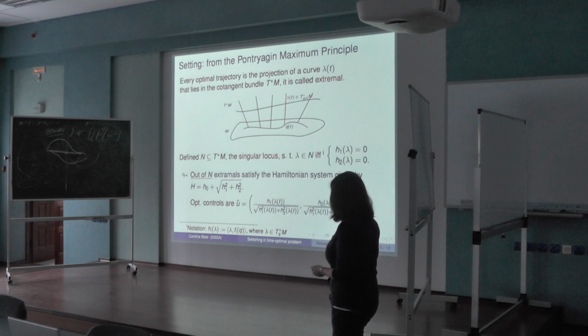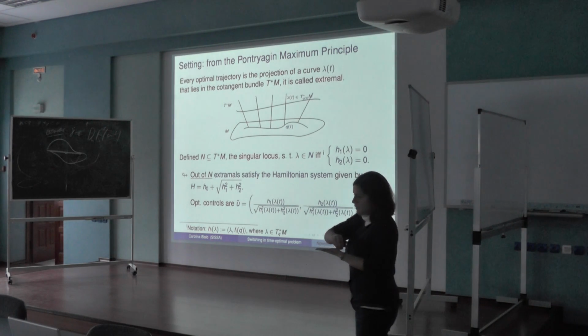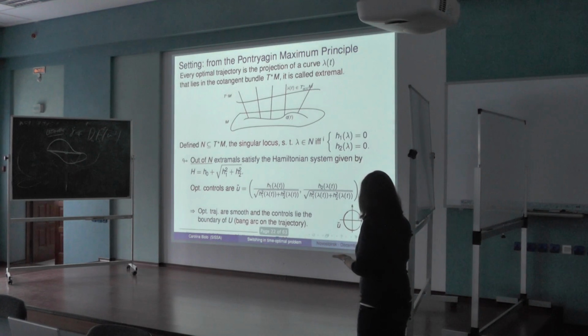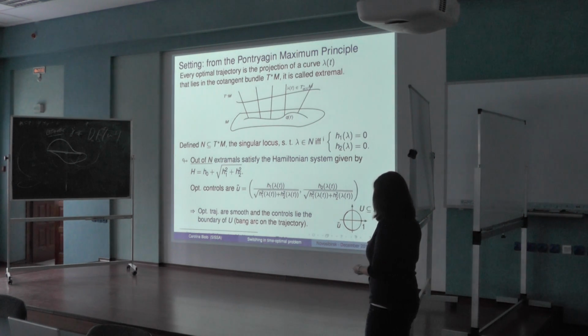In particular, we have that optimal controls are in this form, so it means that they are on the boundary of the space of control parameters. So what we can say is that in this case, optimal trajectories are smooth and controls lie in the boundary of our U, and they are also smooth.